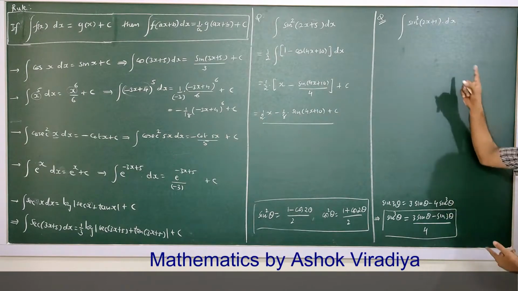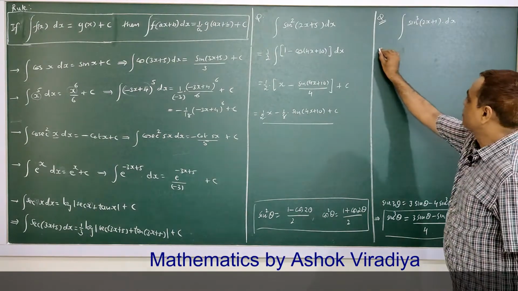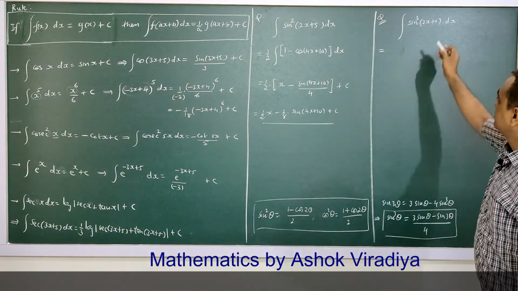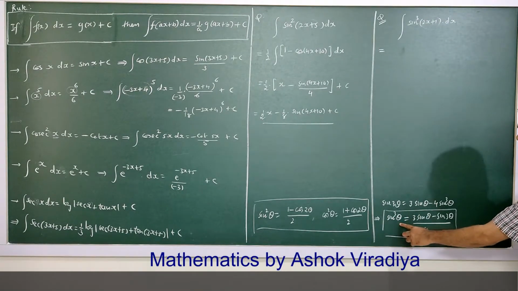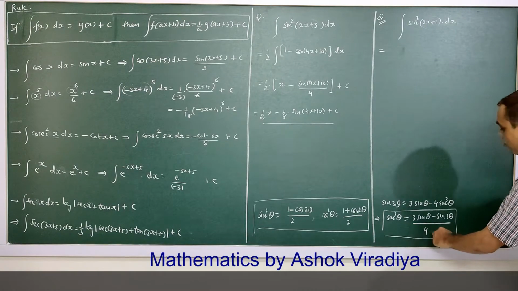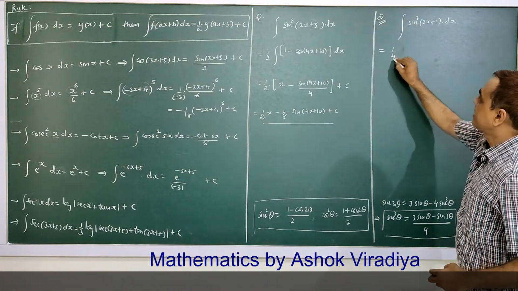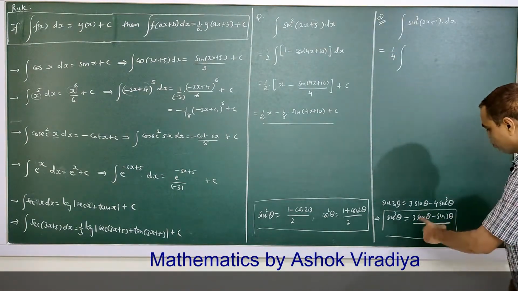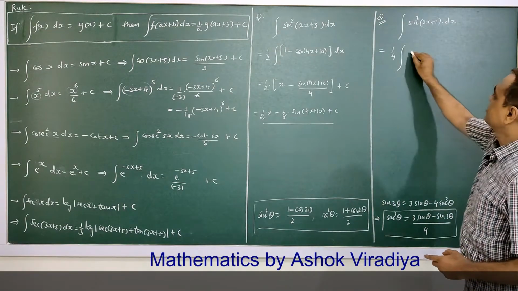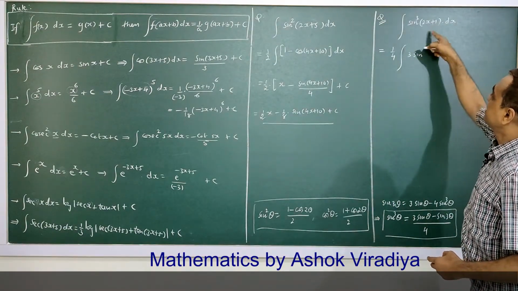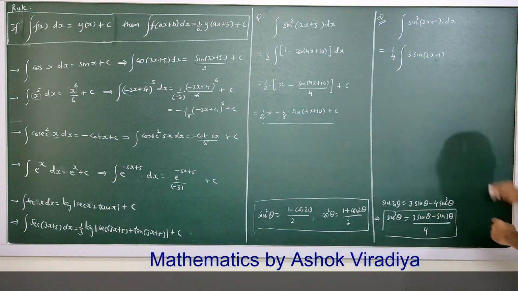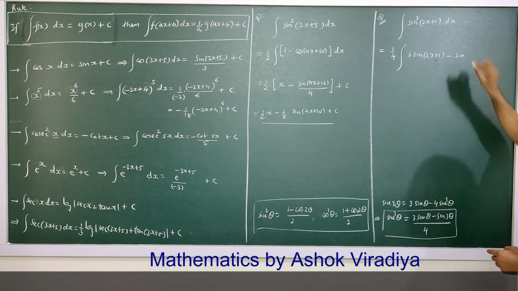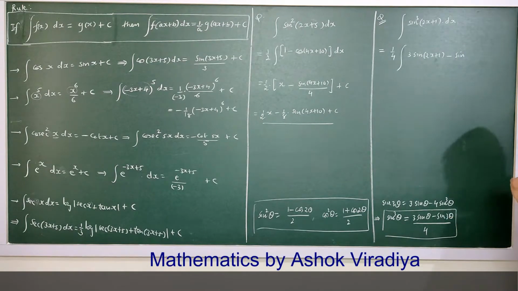So using this result here, this is our theta. Sine cube theta is 1 by 4 times, I am putting 1 by 4 outside, 1 by 4 times 3 sine theta as it is minus sine of 3 theta.